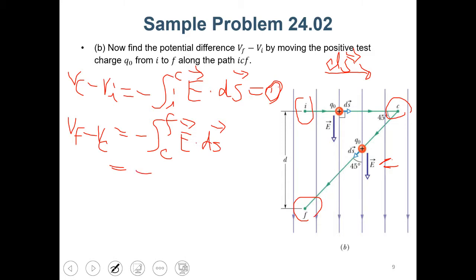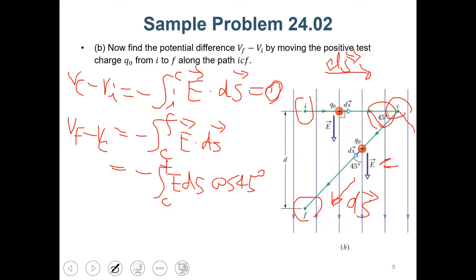For this case, ds is pointing this way at 45 degrees, so it will be E ds cosine 45 degrees.